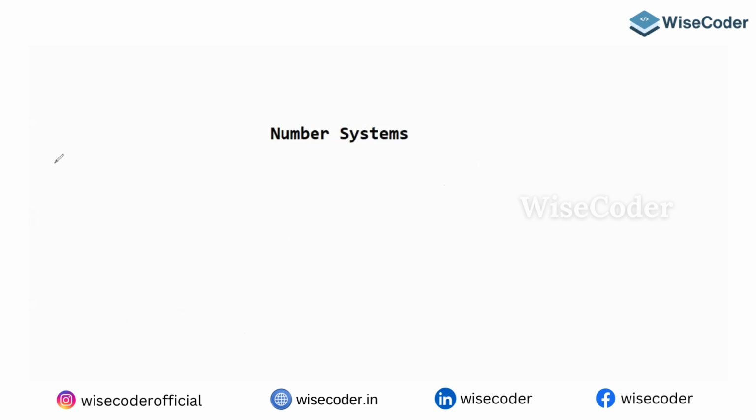Cyclicity of unit digit in a power, which means finding the unit digit.